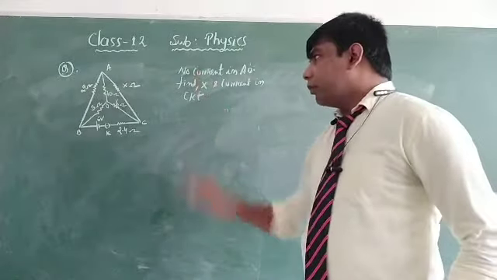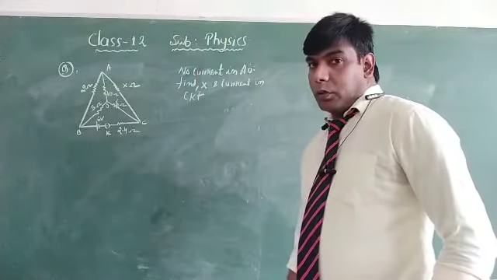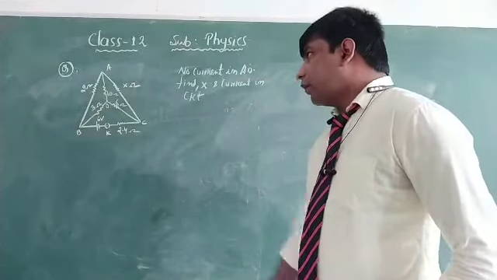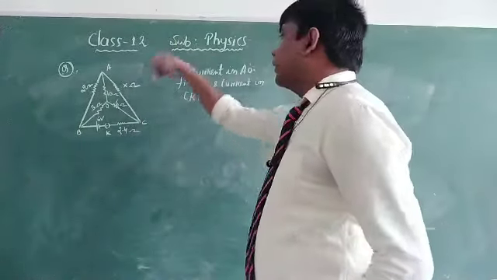They are asking: if there is no current flowing in the branch PQ, then find the value of the unknown resistance X and also the current in the circuit.